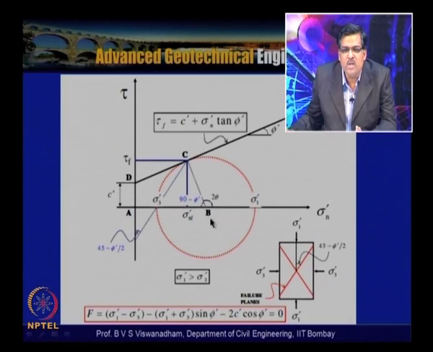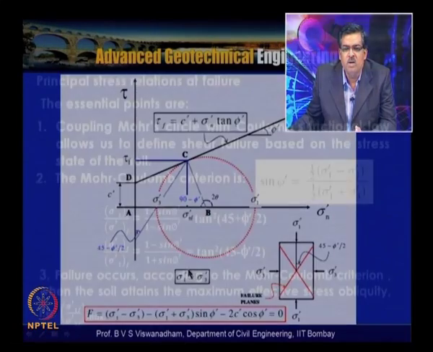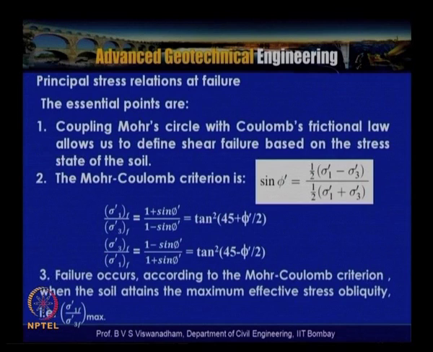When you have a combination such that you have a failure plane in such a way that we get the so called sigma 3 dash f by sigma 1 dash f equal to tan square 45 minus phi by 2.